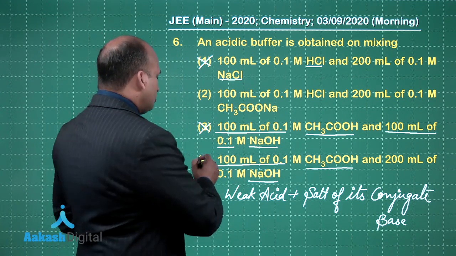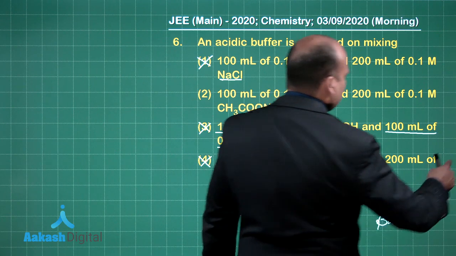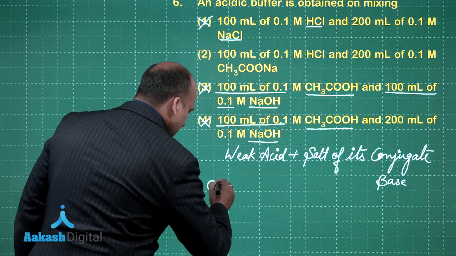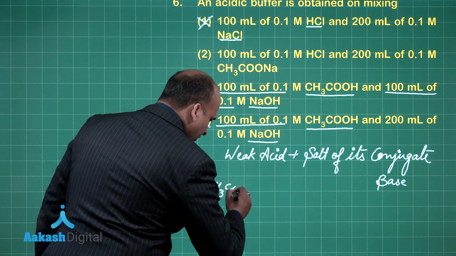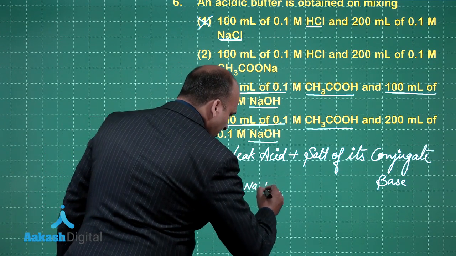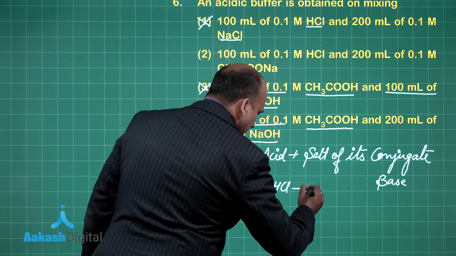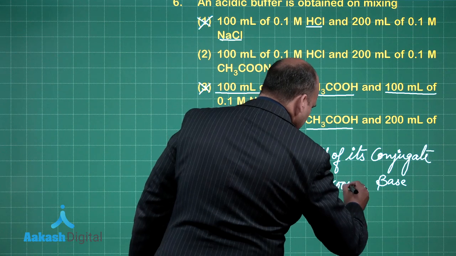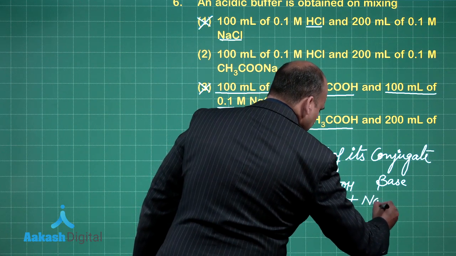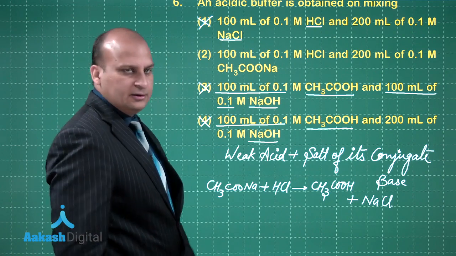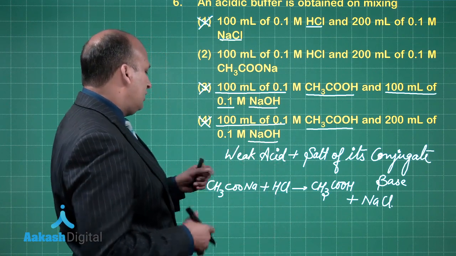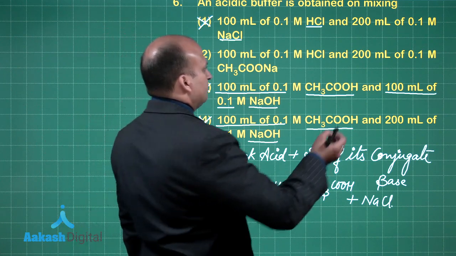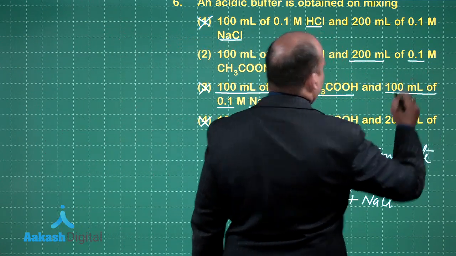Now, the correct choice, let us write down the millimoles. Okay. So, we are mixing sodium acetate plus HCl, which is going to give us the acetic acid plus NaCl. Alright, we can leave the NaCl part. Now, how do you calculate the millimoles of sodium acetate? We are given the volume in milliliter multiplied by the molarity.